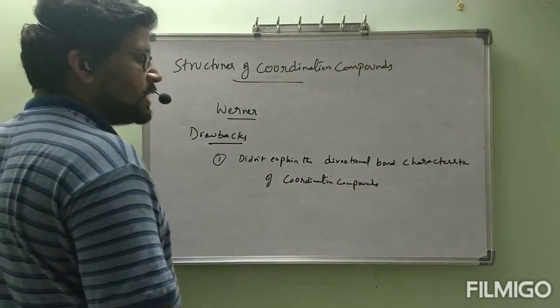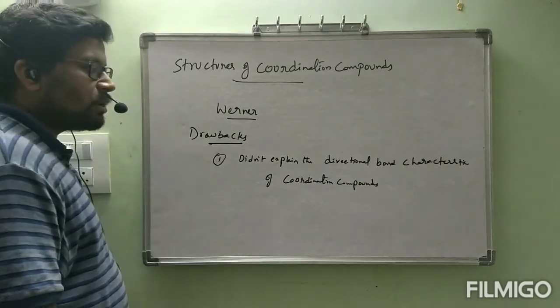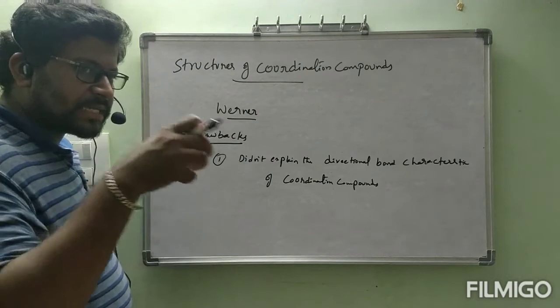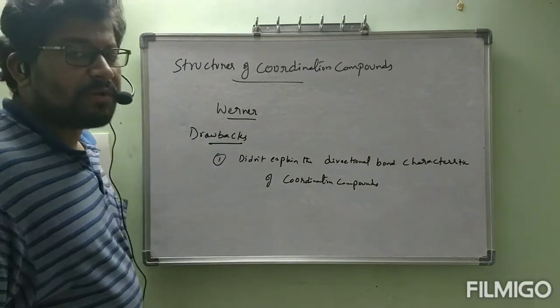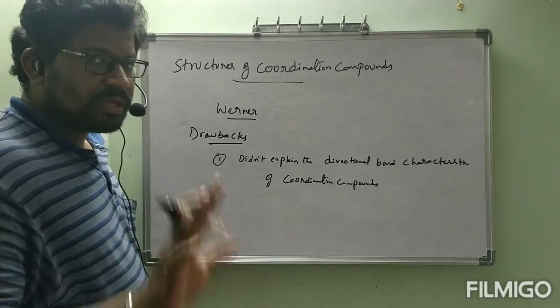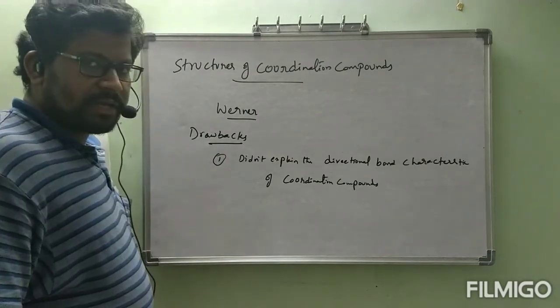He didn't explain the directional bond characteristic of coordination compounds. Actually these coordination compounds contain directional bond property. Directional bond is nothing but covalent bond. How that covalent bond is formed, that one was not explained by Werner.